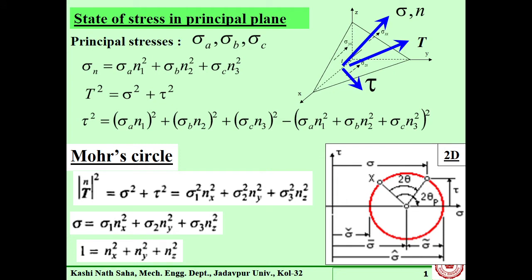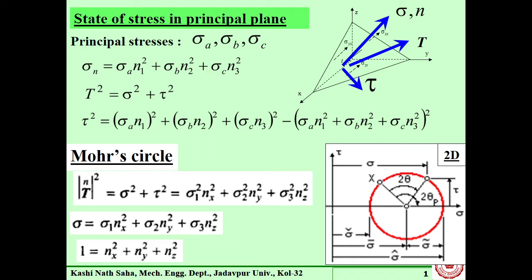Is it okay to understand that? That means what we are doing basically at this point, we are taking different directions of outer normal. And for particular directions of this outer normal, when that is oriented along the principal directions, then only we are getting principal stresses, right?